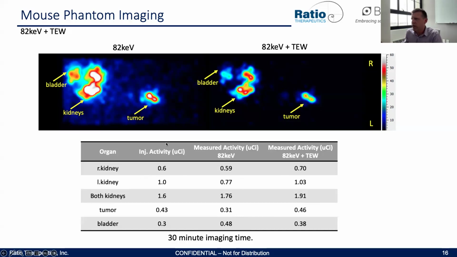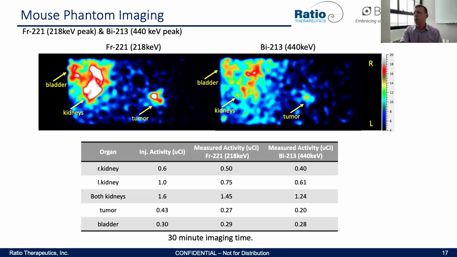But if we look, for example, just comparing by eye, 0.6 and 0.7, 1.03, combined 1.9, 0.46 to 0.43, and 0.38 to 0.3. So this was an encouraging result, because this is both the shape and geometry and roughly the expected values for our in vivo experiments.